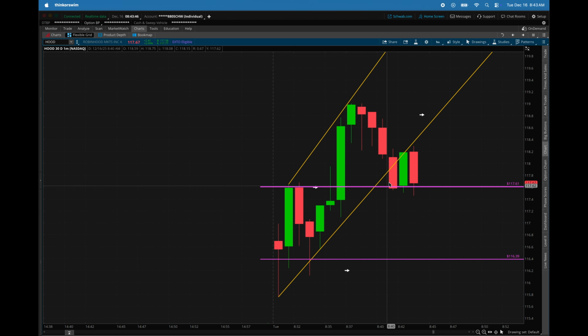It could just be the break of this channel or the retest of the wedge, so it's confusing. What looks like is putting a sandwich here: red bar, green bar, and reject with the red bar.